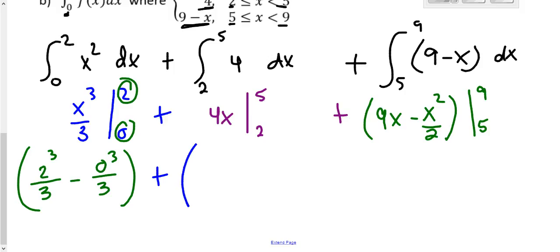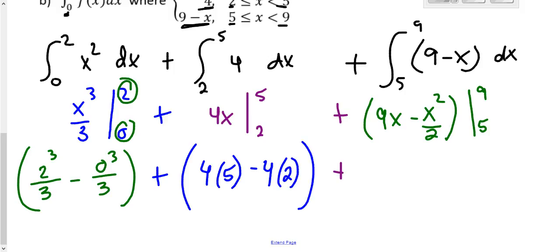Plus, we'll plug in 4 times 5 minus 4 times 2 plus, okay, we have a little bit more here. So we have 9 times 9 minus 9 squared over 2. That's just f of b. So be careful here. They do get a little bit longer.